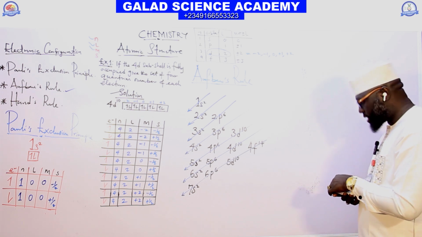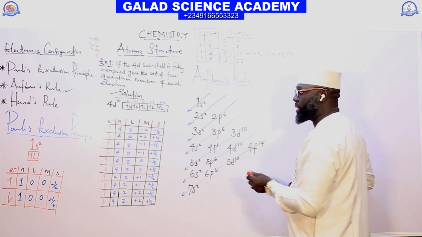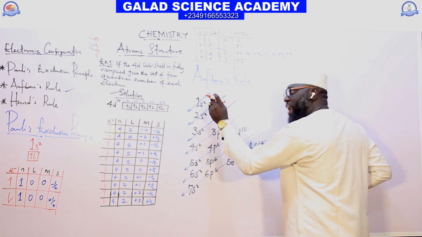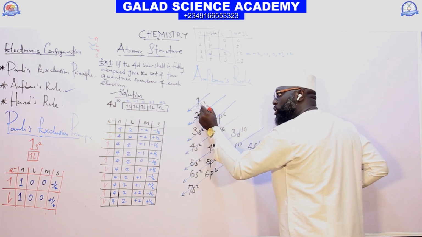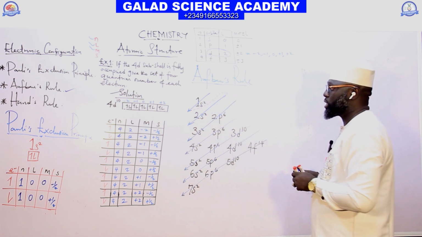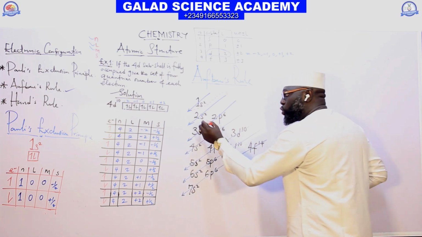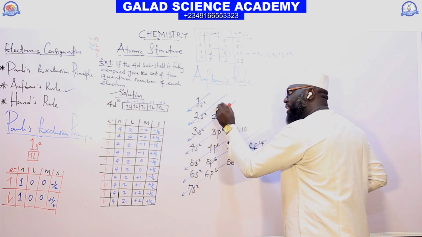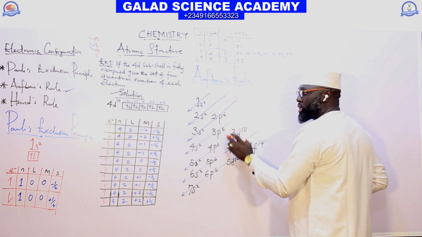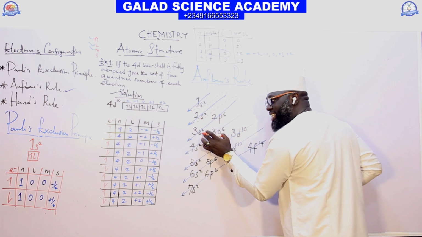If you look at this, if you want to write the configuration of any element, start from 1s2. After 1s2, you need to come back like this to 2s2. After 2s2, you come back like this to 2p6, followed by 3s2.